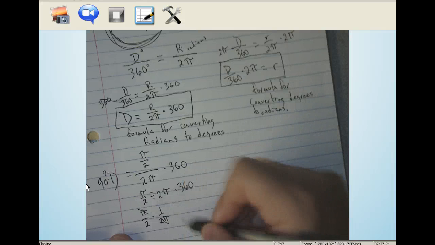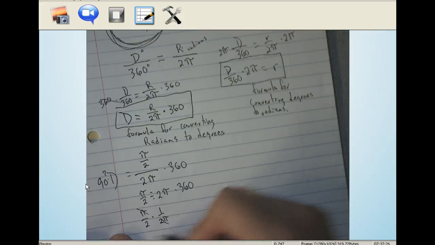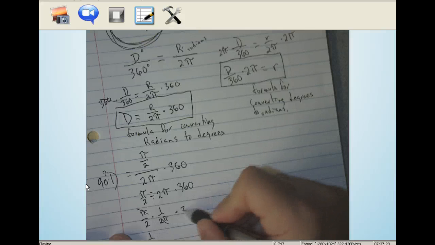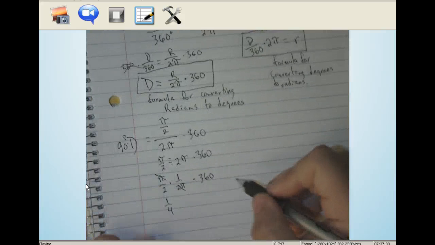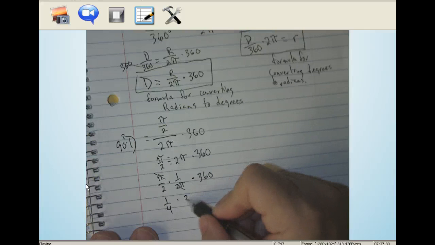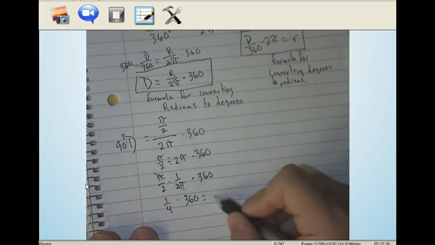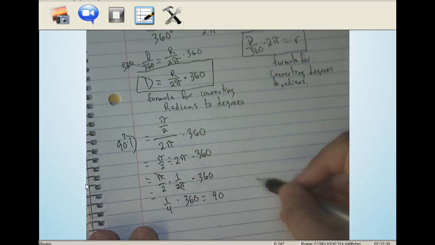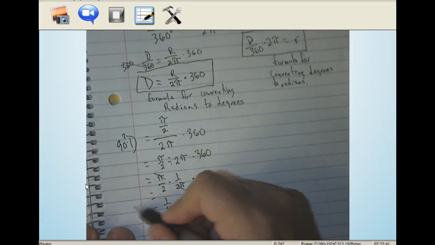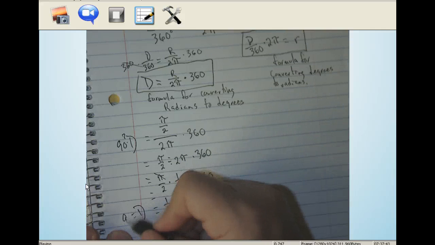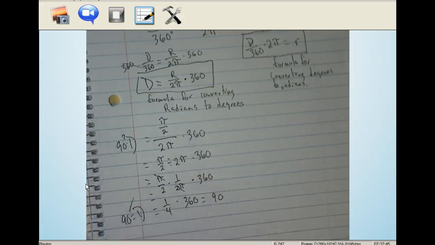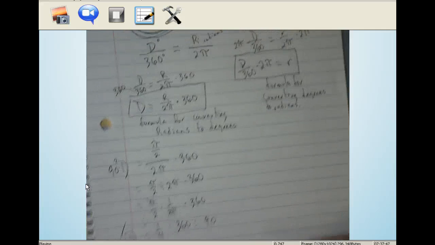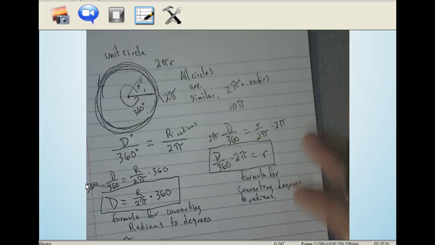The pi's will cancel, and we end up with 1 over 4, and this is, of course, times 360. So 1/4 times 360 equals 90. So that's where we get our degrees from, and that's how you can do this, okay? That's your degrees, which is equal to 90. Yes, just what we thought. Okay, so it's important you know this. This is our review, our recap.